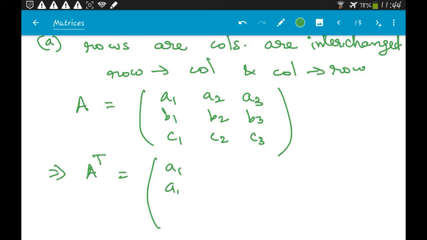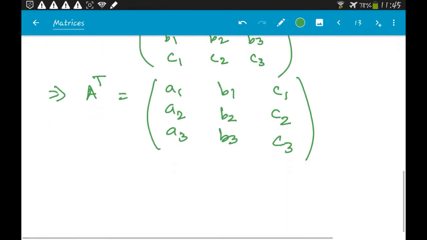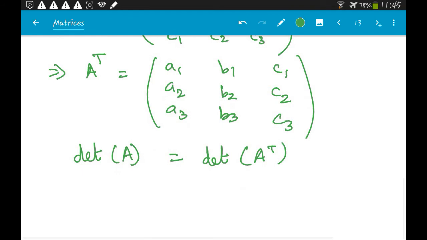So you do A1, A2, A3, B1, B2, B3, C1, C2, C3. You interchange this, and then the determinant of A will be nothing but the determinant of A transpose. So the determinants of these two matrices will be the same. Okay.